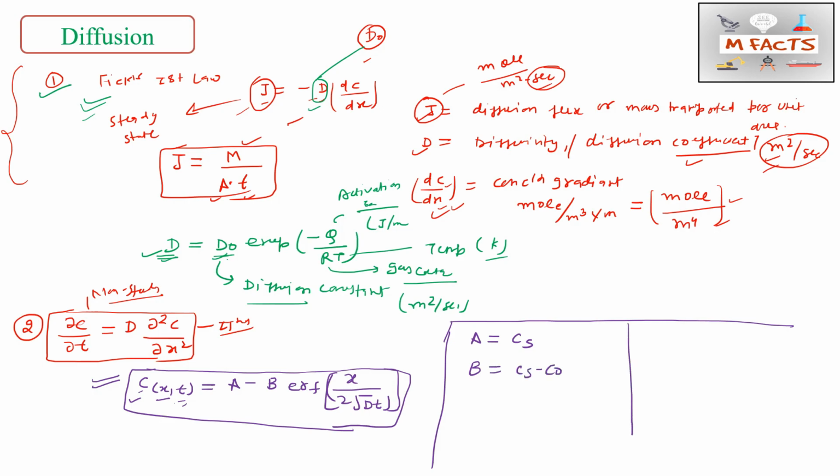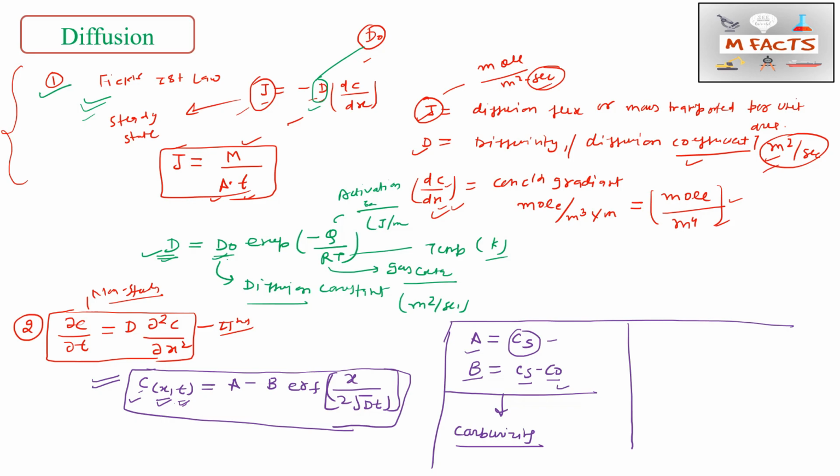This is the case when we do carburizing. What is Cs? Cs is the concentration at the surface, C naught is the initial concentration, and C(x,t) is the concentration at depth x after time t.